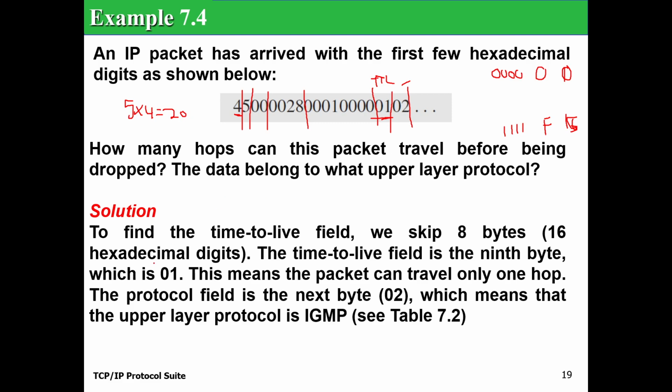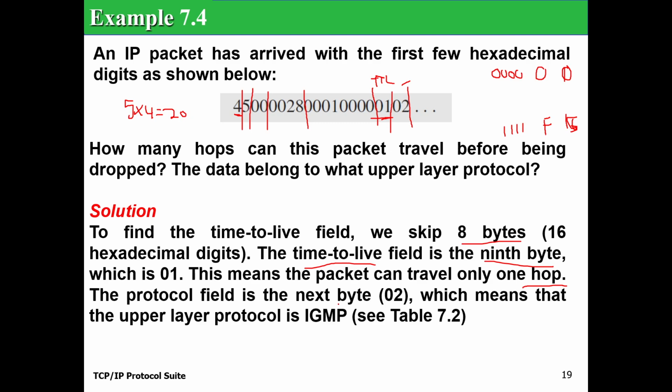All right. So to find the time to live field, we skip 8 bytes, 16 hexadecimal digits. The time to live field is the 9th byte. This is the 9th byte in here, which is 01. This means the packet can travel only one hop. The protocol field is the next byte, which is in here.